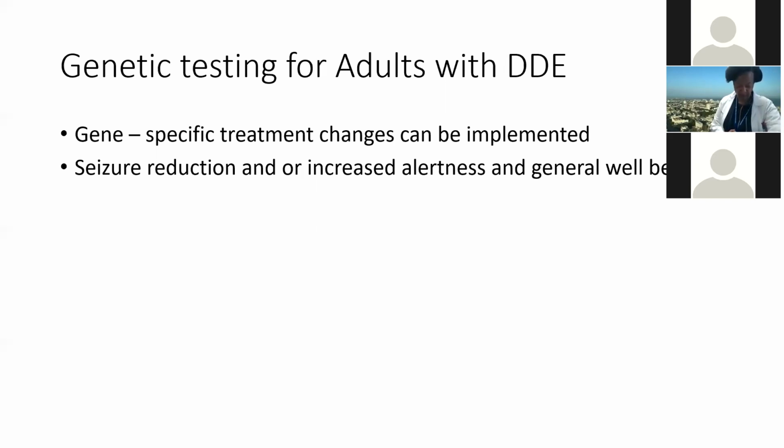Okay. The other element that I want to strengthen, and this will be the last element before stopping after this slide, is that it is important to bring genetic testing to adults with developmental epileptic encephalopathies.